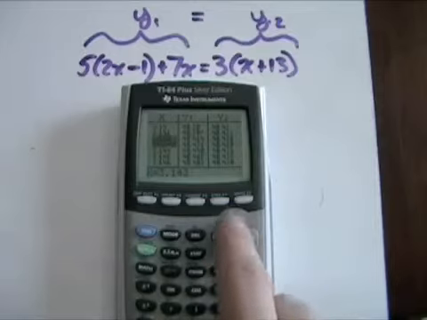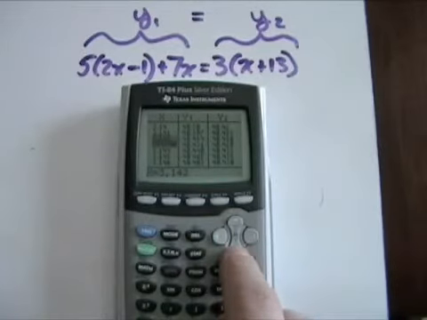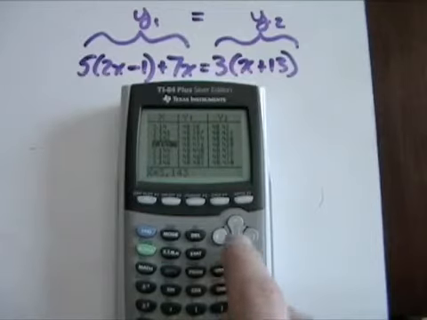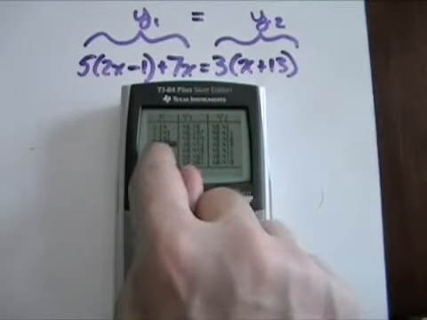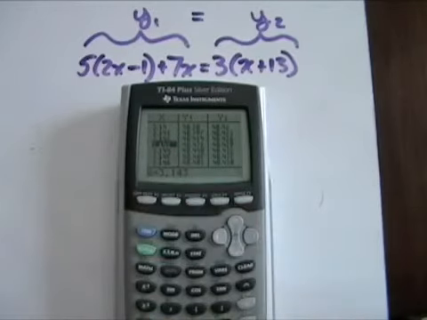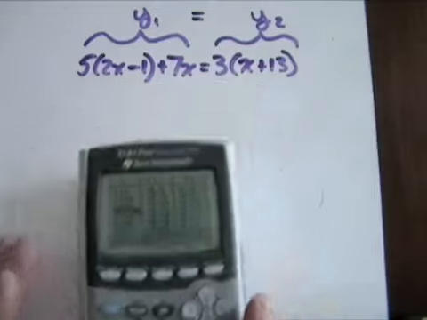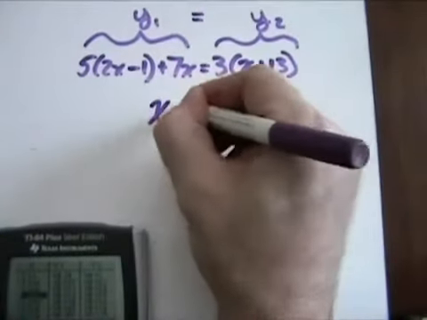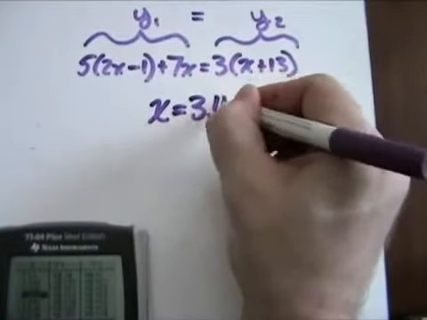We can keep going on in this process. But if you wanted to round at this point, you know that it's 3.142 or 3.143. If you're only rounding to the hundredths, your answer would be x equals 3.14.